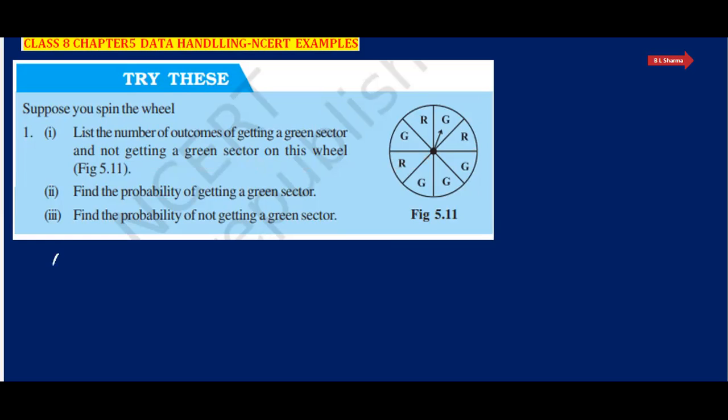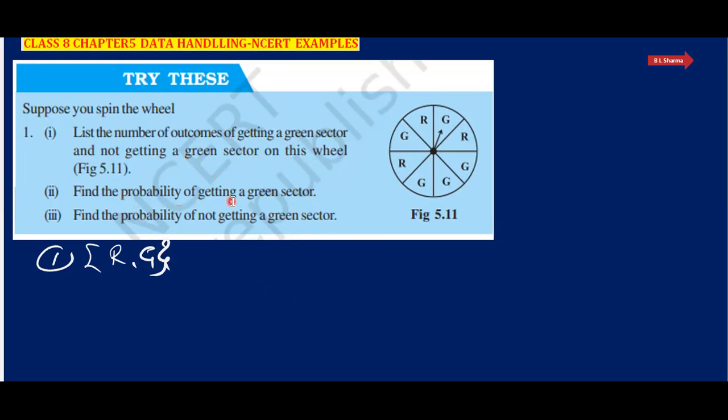So the answer of the first is, you can have red, you can have green. Either you will be getting a red or a green, means green sector or red sector. Yes, this is the answer of the first part.